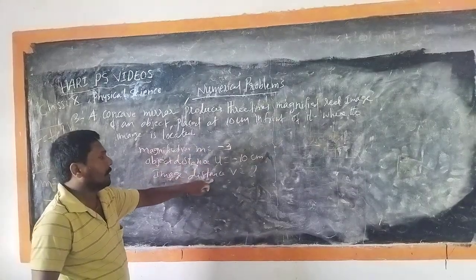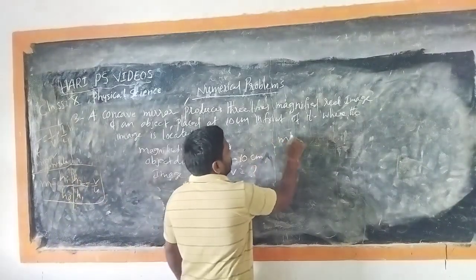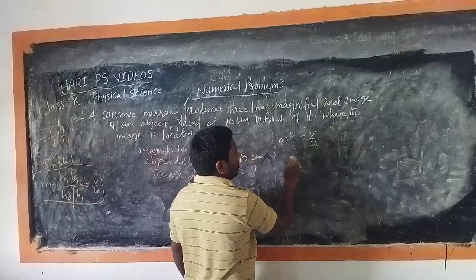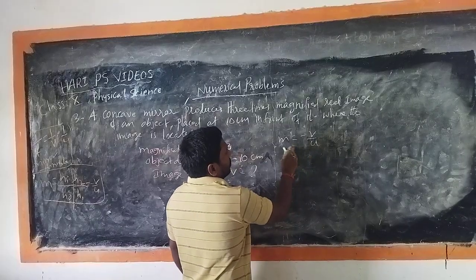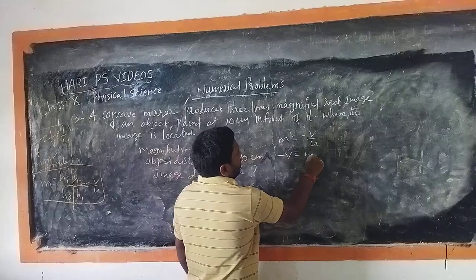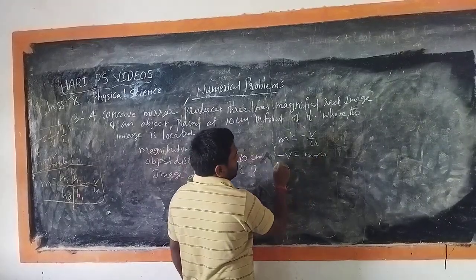Magnification and object distance are given, and we have to find the image distance. By using the formula m is equal to minus v by u, we write minus v is equal to m into u.